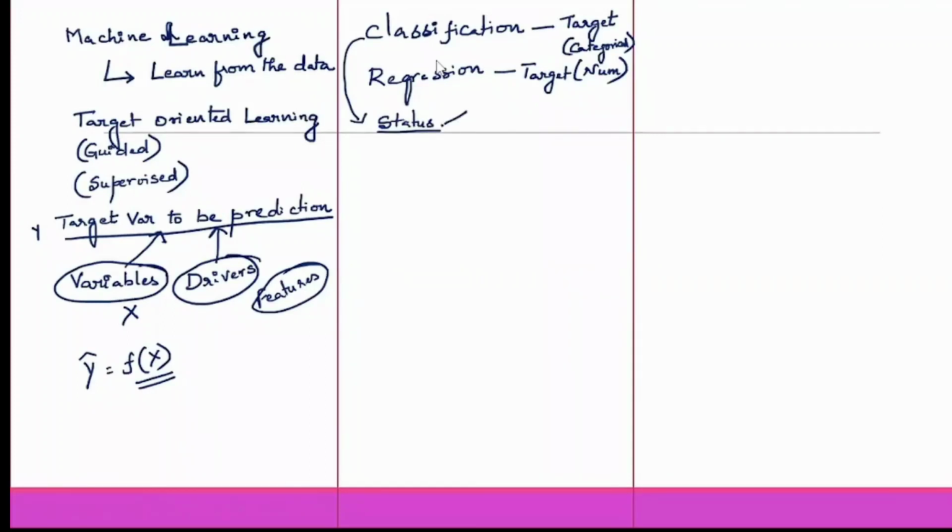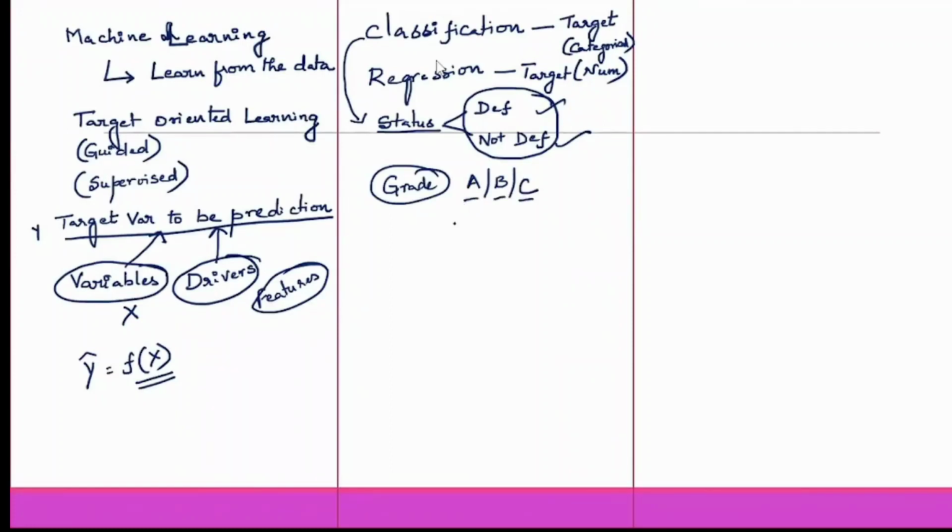The status has only two values, default and not default. This is my target, because my intention is to predict whether the person will default or not. It's a category that I am trying to predict. Similarly, whether a person will get an A grade, a B grade or a C grade. I want to predict the category, so my target is a category. These kinds of problems are called classification problems.